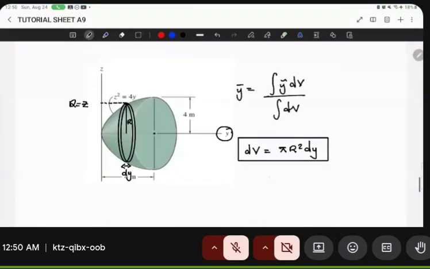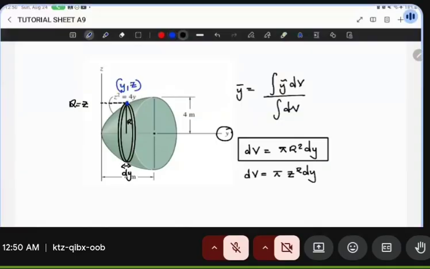Notice that we did point out that the radius is equal to z. So we now have dV is equal to pi, where there is r, we're going to put z there. So this will be z squared dy. Now, since what we have here is dy, we don't want this to be z. We want it to be written in terms of y. So on top there, we have a connection between y and z, because this is going to be a coordinate y, z.